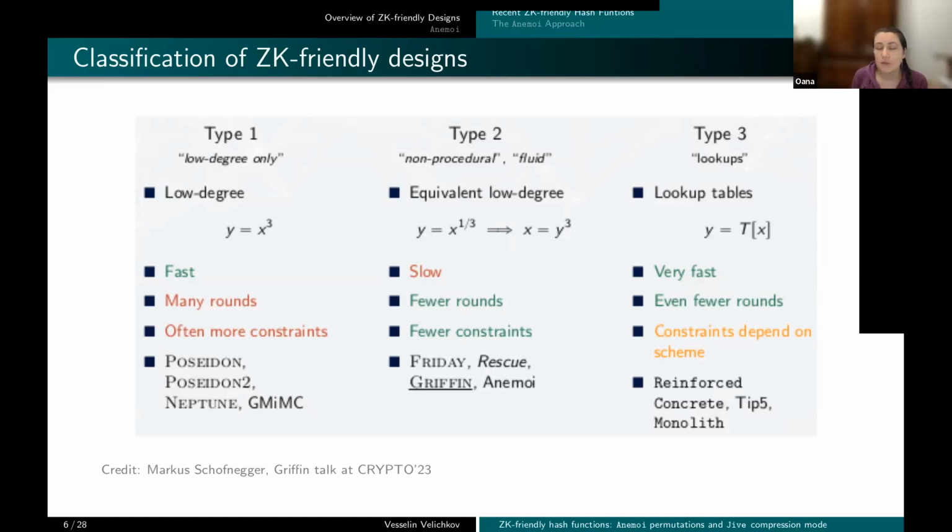I want to say that it's really only about hash functions. Yes, nothing else that can be used in a proof system. So nothing else is classified here. Yes, so this taxonomy is specifically for hash functions. That's true. So maybe the title is misleading. It would be more appropriate to say ZK-friendly hash functions. I mean, you only gave examples of hash functions, but I wanted to make sure.